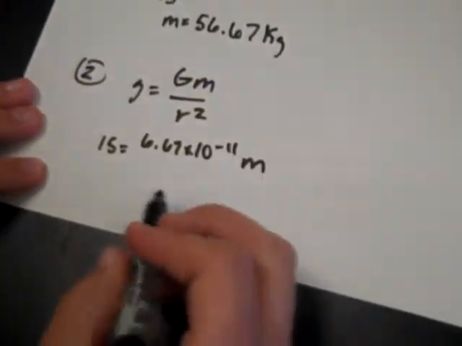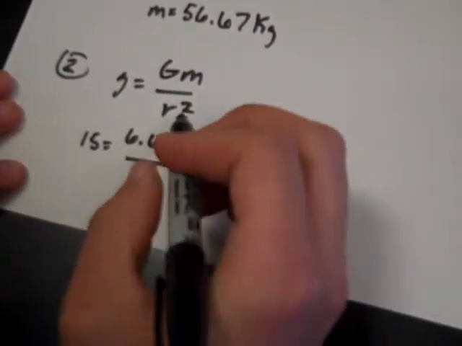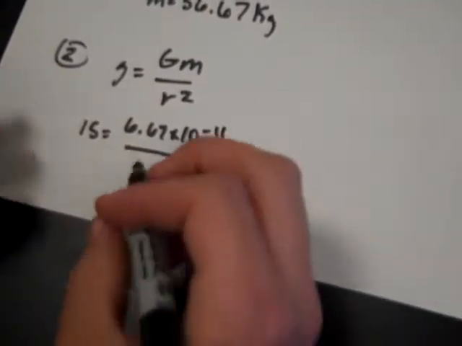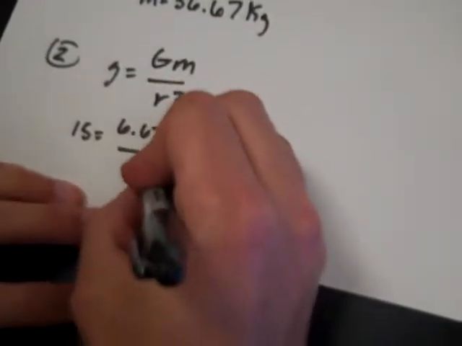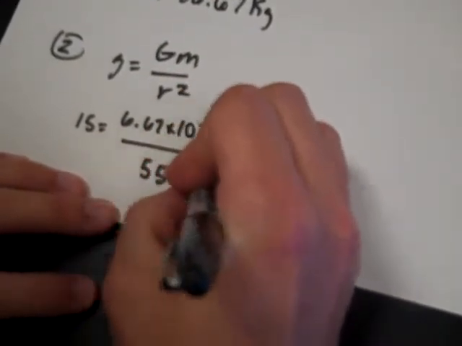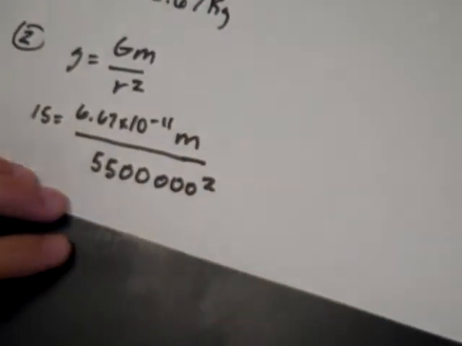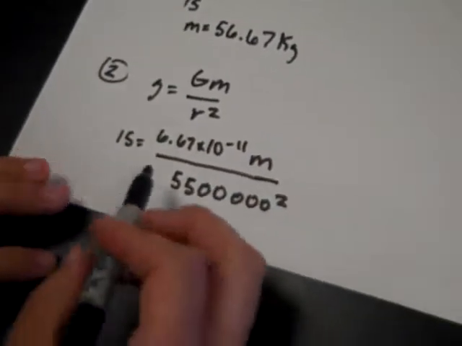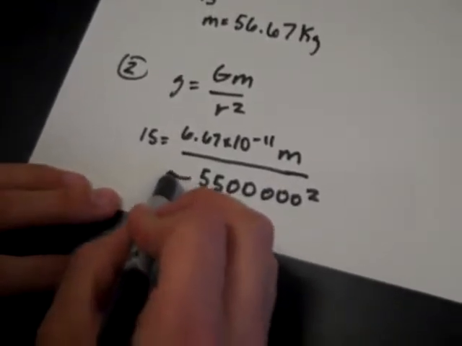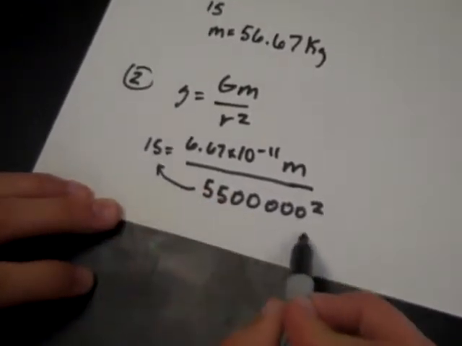We don't know the mass. And the radius is 5,500 kilometers, so we're going to change it into meters by adding 3 zeros. And then you square that. Okay, and then we multiply 15 by this value.